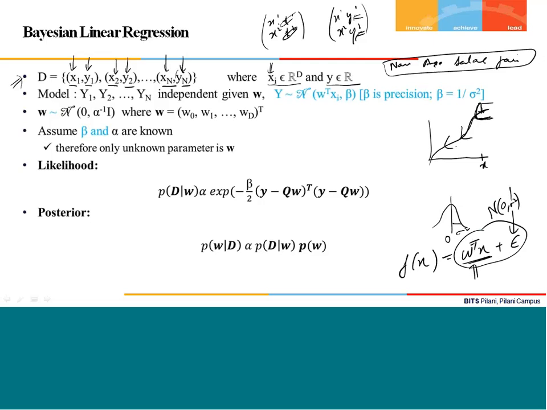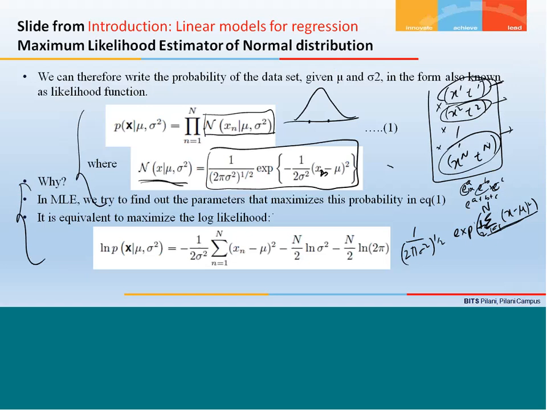Given the value of w, you multiply all these terms, as we discussed in the lecture Introduction to Linear Regression. Ultimately, the maximum likelihood will be the product of these things.